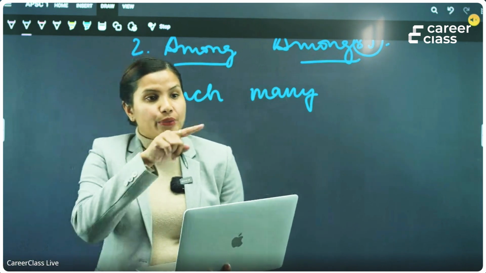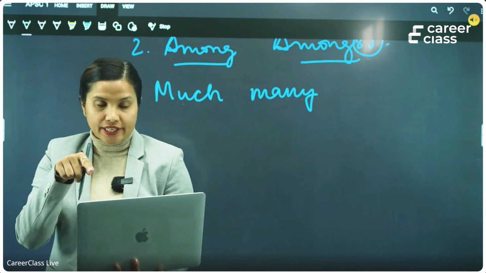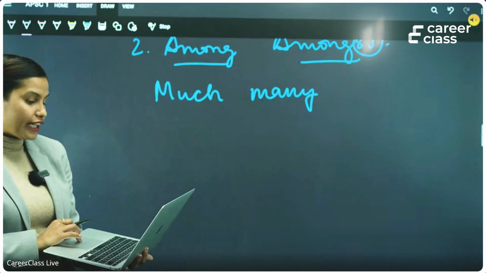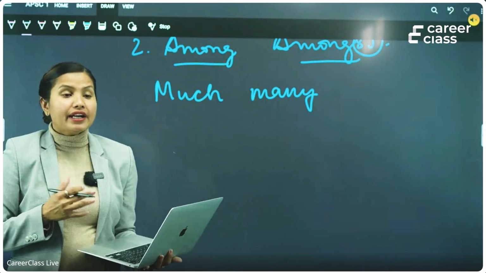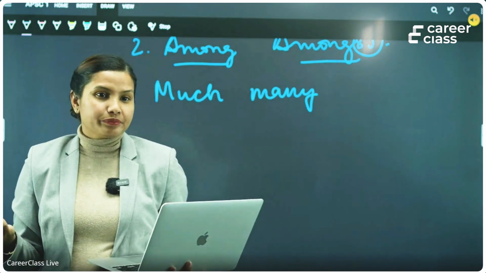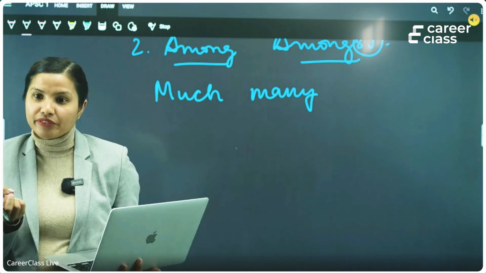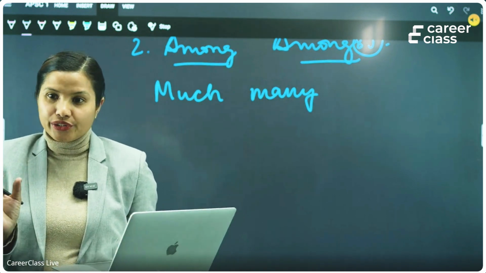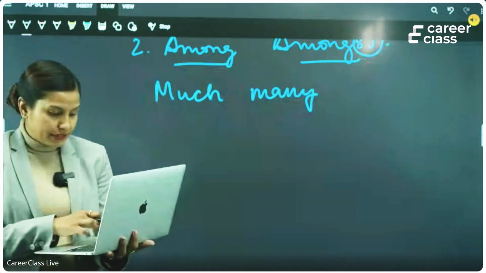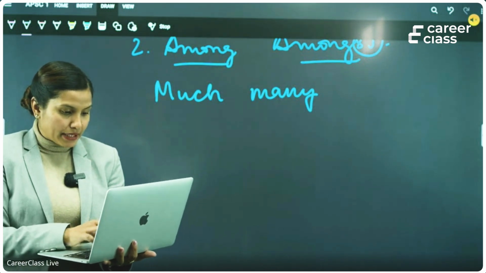If we have many people in this room, we can count how many people are there. And when we cannot count, there are uncountable things. For example, if we have a handful of grains, can we count the number of grains in one go? No, then we'll use what? Much.